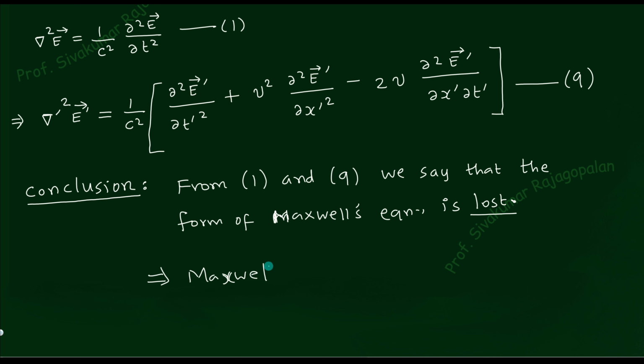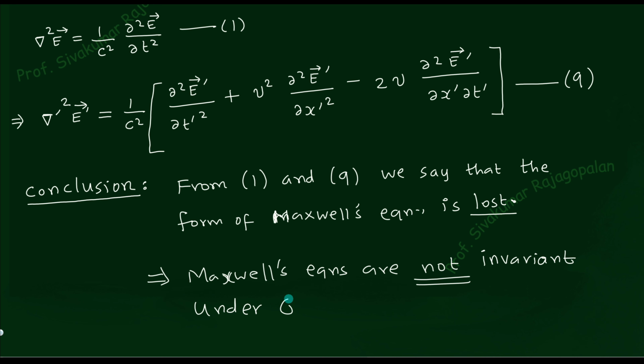So instead of saying that the form of the Maxwell equation is lost, we say that the Maxwell's equations are not invariant. So slightly technical term, that's why we prefer this terminology. Maxwell's equations are not invariant under the Galilean transformation.